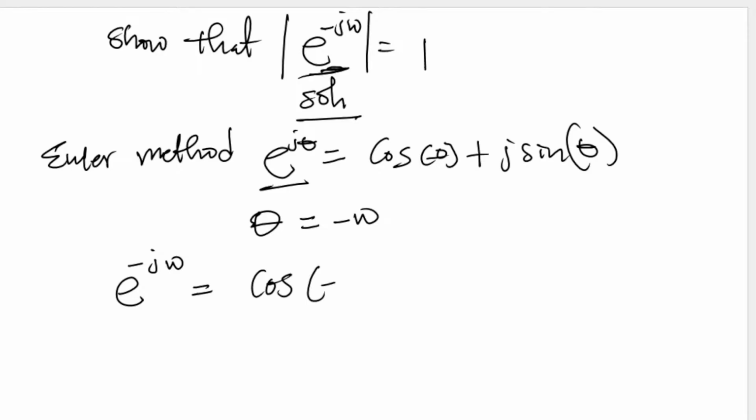So we have cos minus w plus j sine minus w. Are we together?